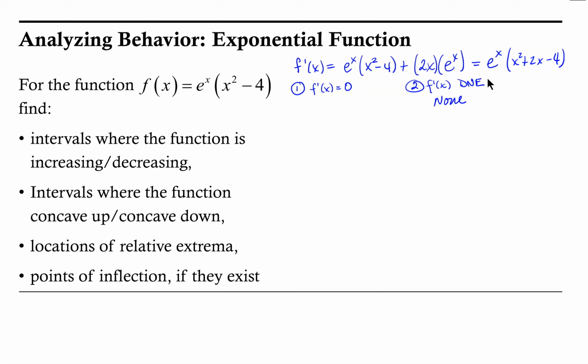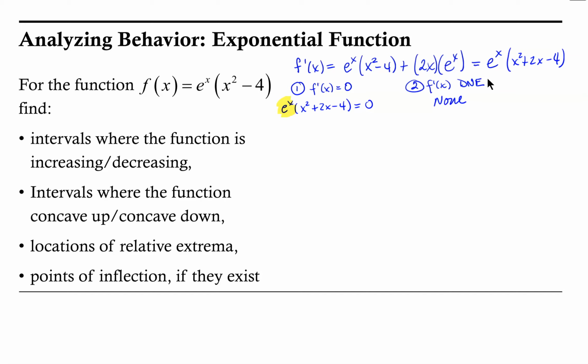So we will focus our efforts on identifying where the first derivative equals 0. That is e to the x times x squared plus 2x minus 4 equals 0. Now notice that e to the x is never equal to 0.